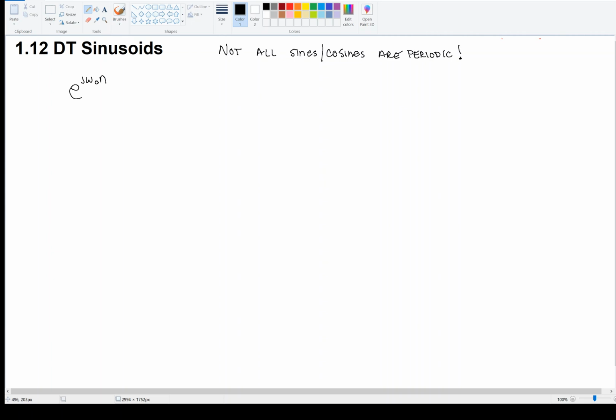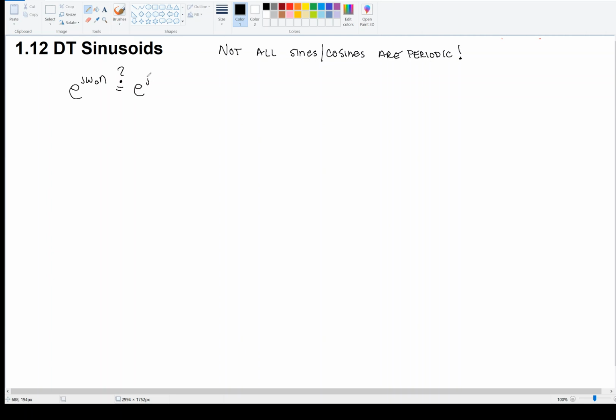again going towards the complex exponential. And of course, e to the j omega 0 is related to sines and cosines, so we're just going to look at e to the j omega 0. To be periodic, I'm going to put a question mark here, because we don't know if this is true.